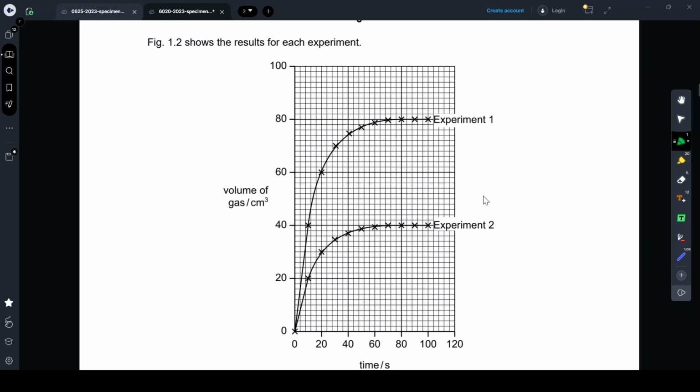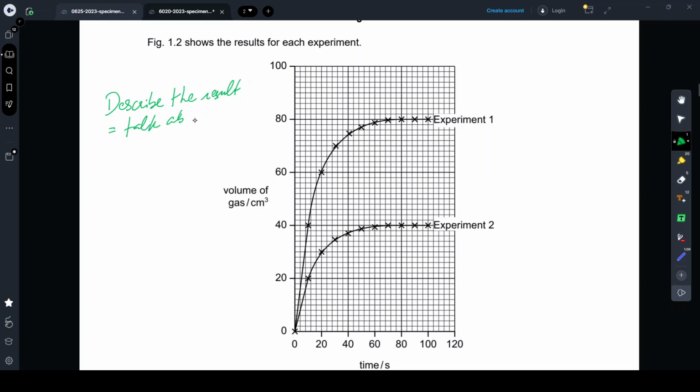So if they ask you to describe the result, I haven't seen the question, that means you're going to talk about what the graph looks like, or if it's a table, not necessarily a graph.